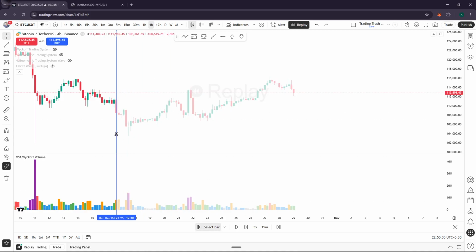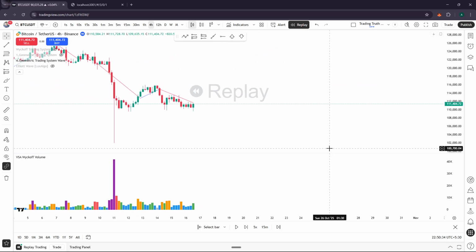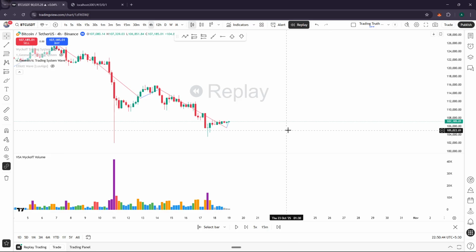If I come here and enable the wave, I'm going to add candles here. You see, after certain candles, the up wave is formed there. That's how we are getting the confirmation.